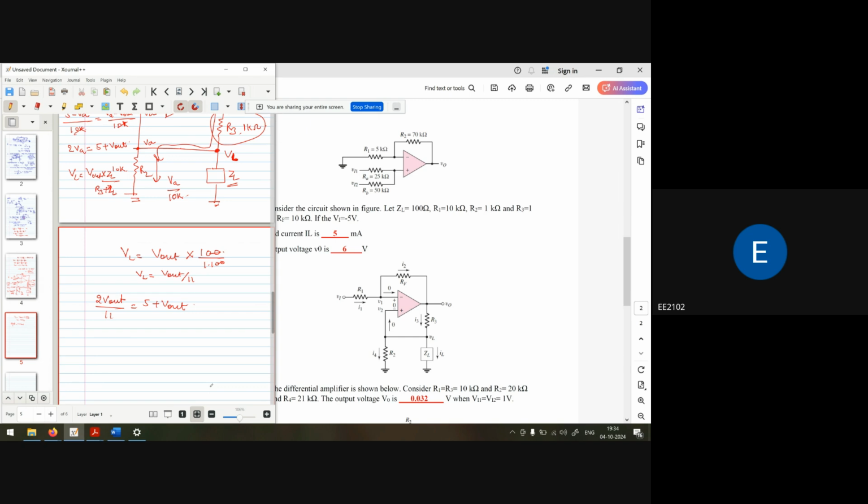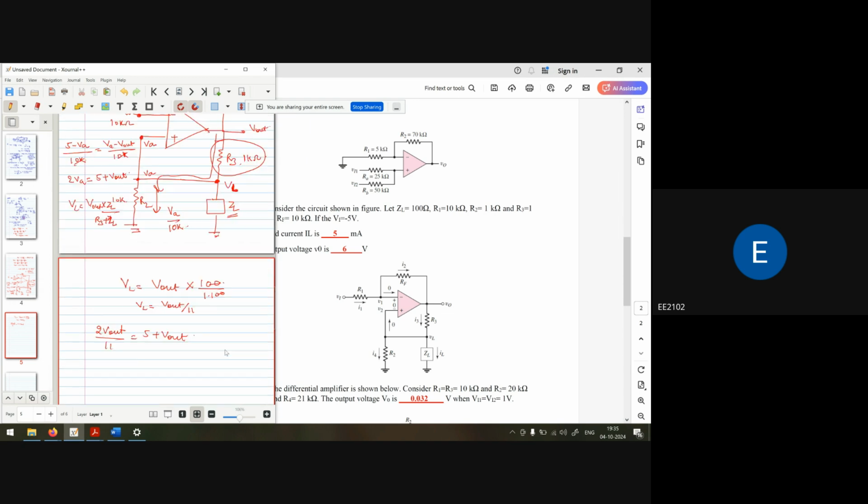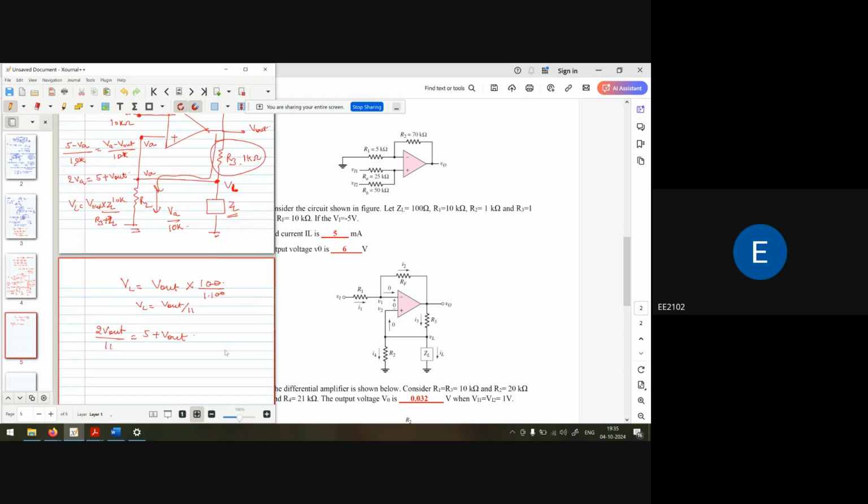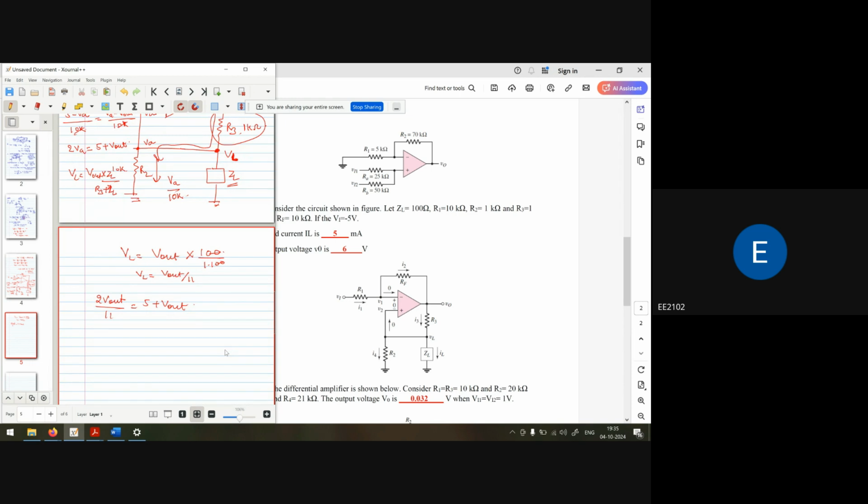So 5 minus V out. So what is the value of V out?